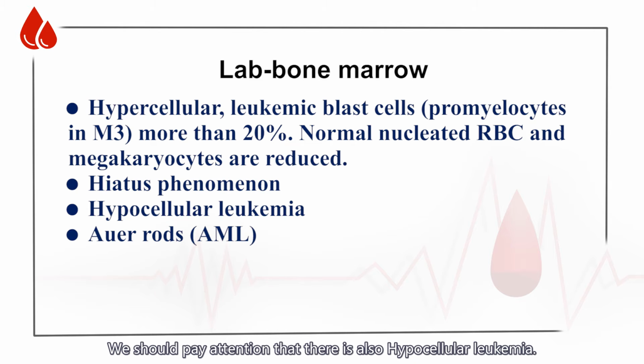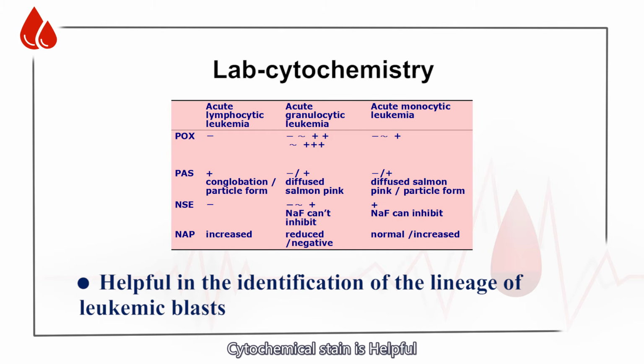We should pay attention that there is also hypocellular leukemia. Cytochemical stain is helpful in the identification of lineage of leukemia blasts. Peroxidase is strongly stained in acute granulocytic leukemia. PAS is positive in acute lymphocytic leukemia, but usually negative to positive in other leukemia.